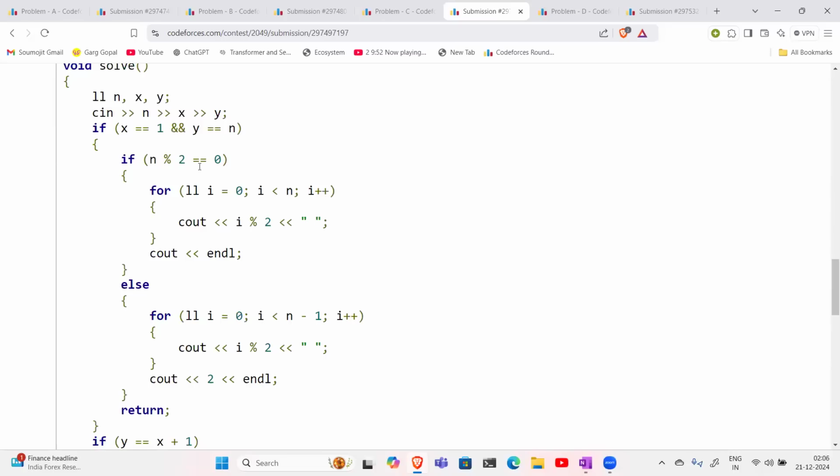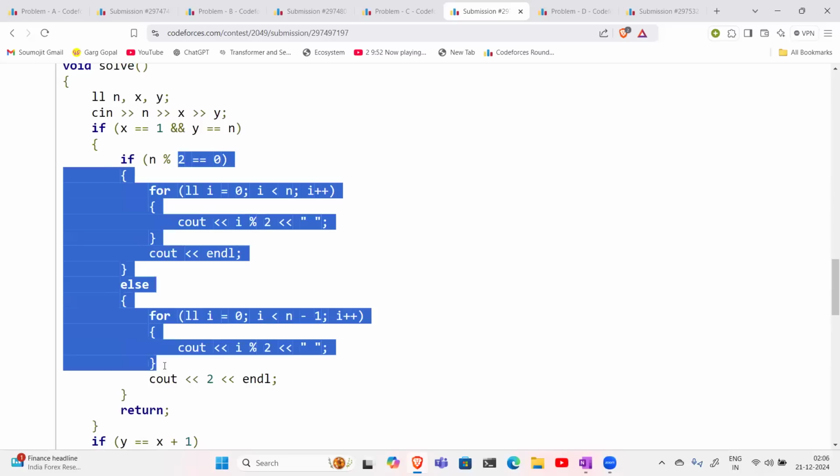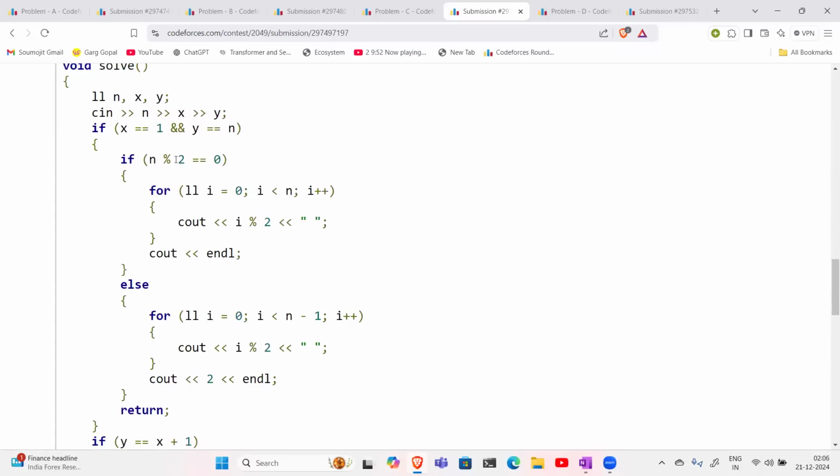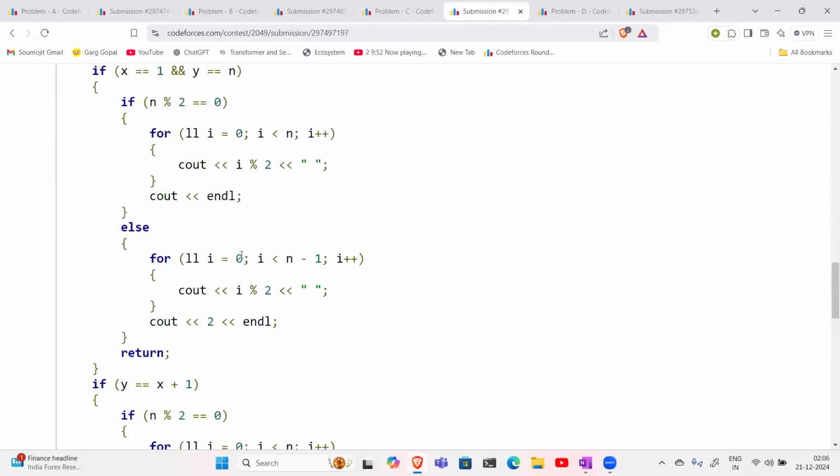So for solving for a pure solid cycle case, we break it into two cases: when n is even and when n is odd. When n is even, we know that we can simply alternate between 0 and 1. So I've done that using i modulo 2, which basically alternates between 0 and 1 as i increases. Apart from that, if n is an odd length cycle, I have colored n minus 1 nodes, similarly alternatingly in 0, 1 and 0 and 1 fashion.